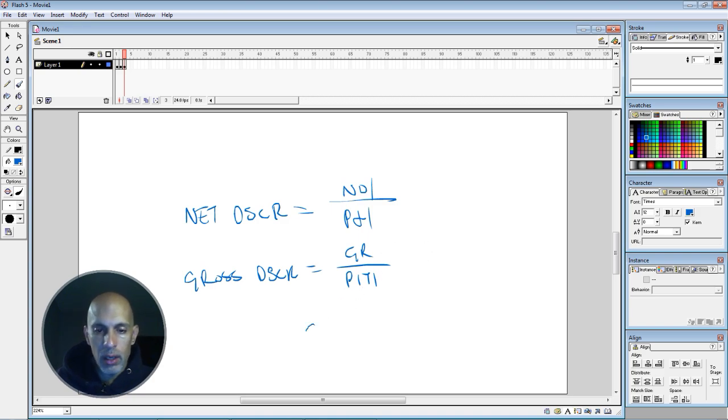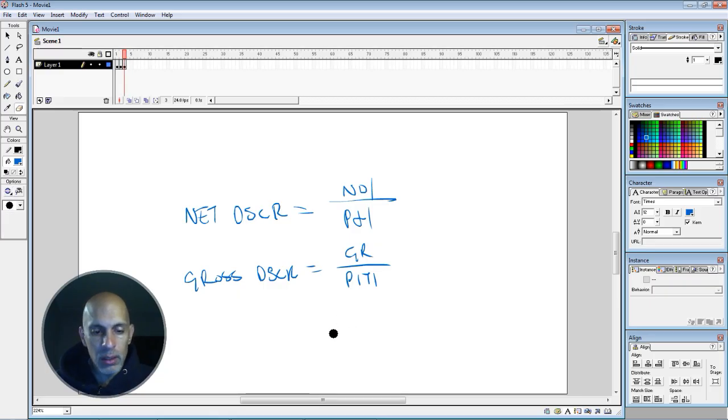But in order to qualify for a loan, we need the gross rents to qualify.